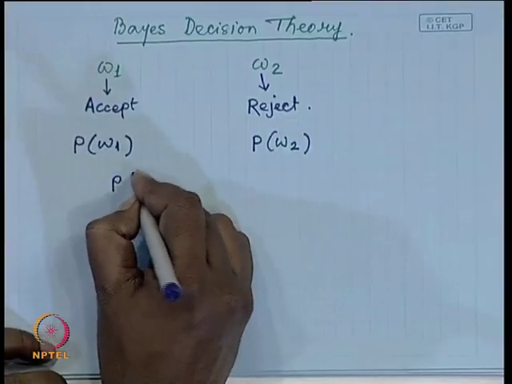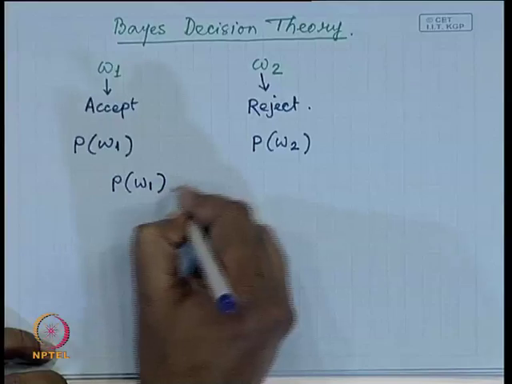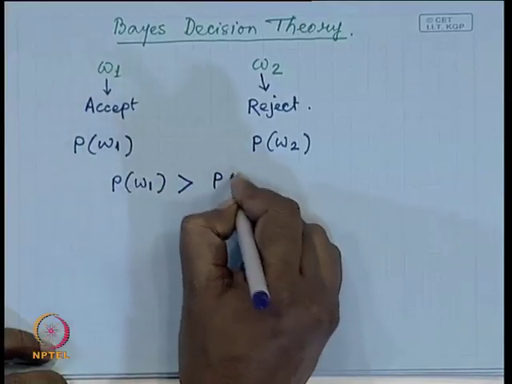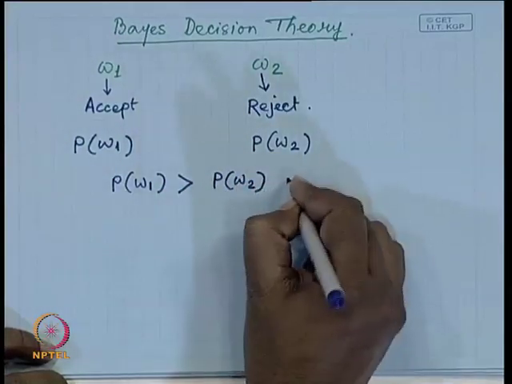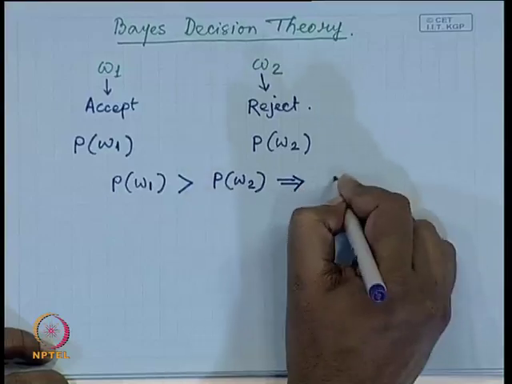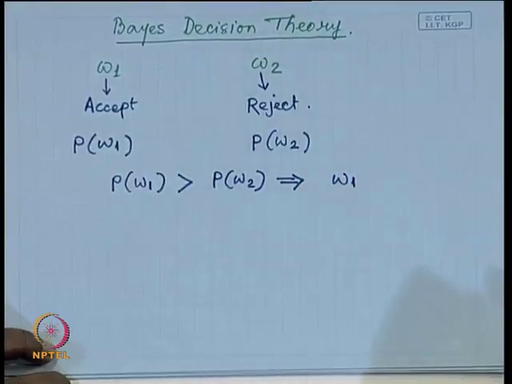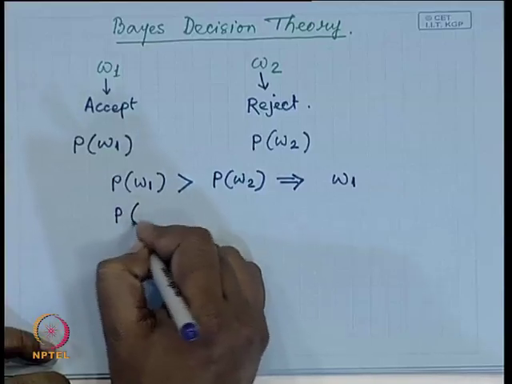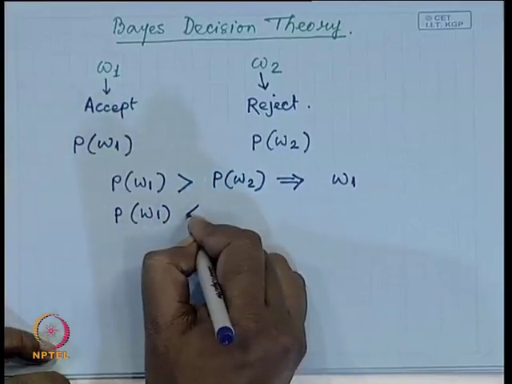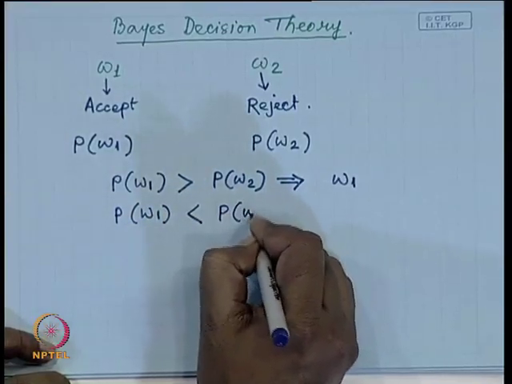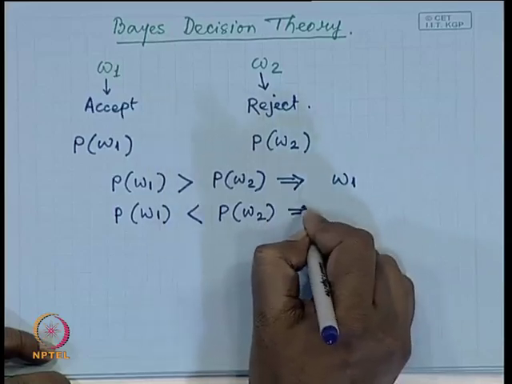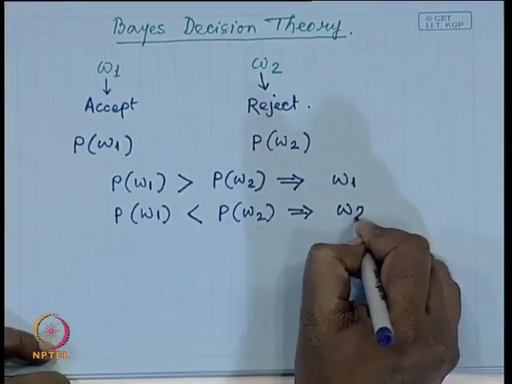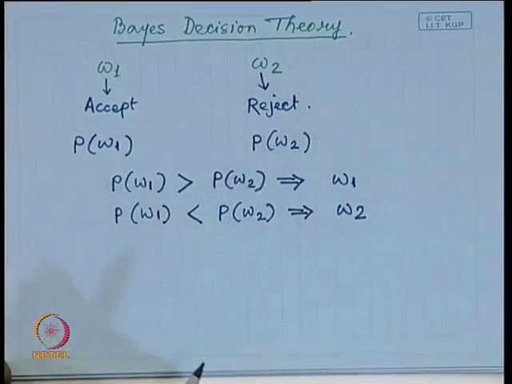The decision rule can be something like this: if probability of omega 1 is greater than probability of omega 2, then you decide in favor of omega 1. Or if probability of omega 1 is less than probability of omega 2, then you decide in favor of class omega 2.